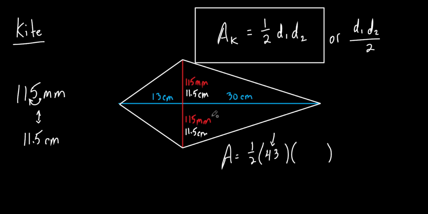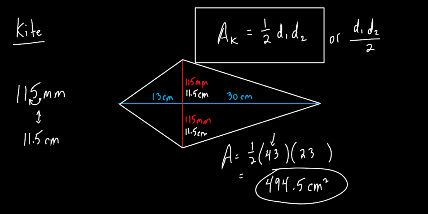What about the red one? It's 11.5, 11.5. How can you do that in your head? 11 plus 11 is 22. 1/2 and 1/2 is 1. 22 and 1 is 23. And you do all that. I'll let you work that out yourself. You can use a calculator. And you get that. Now, what are my units in? I changed everything to centimeters, so this is centimeters squared.